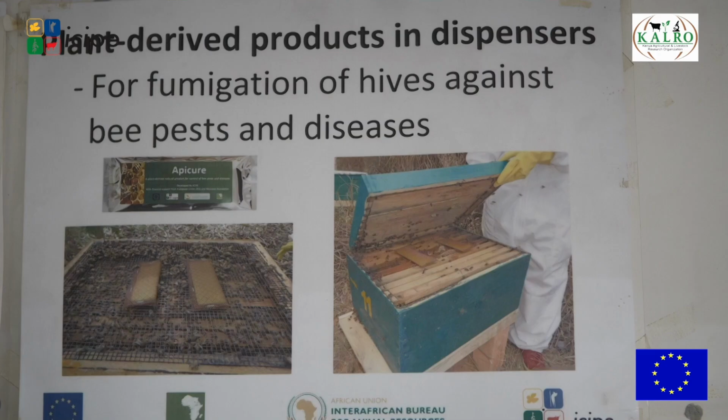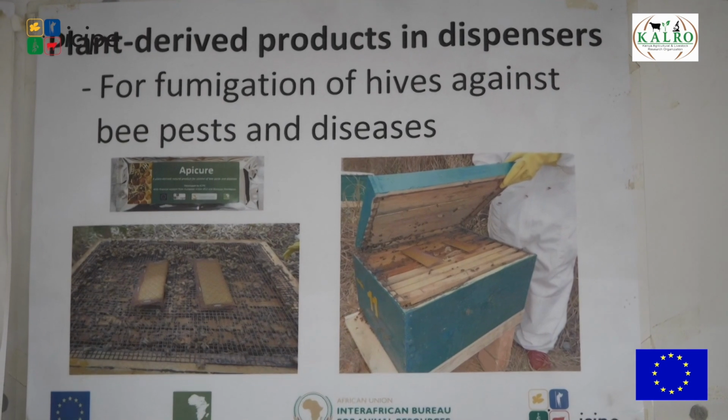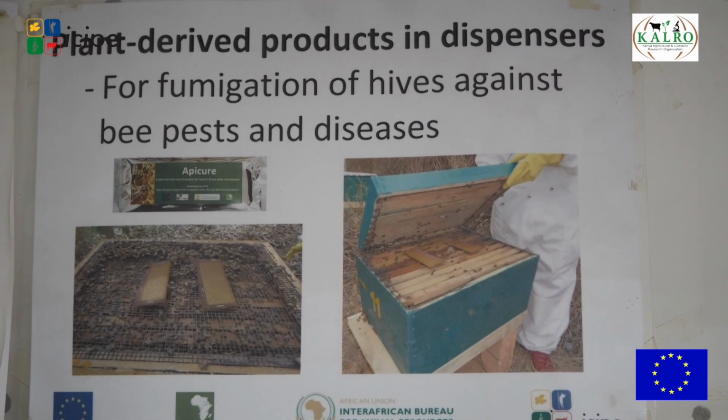In bioprospecting, we are involved in the discovery, development, and production of plant-based products for the control of bee pests and diseases. One of the interventions that we've been able to discover is a product that is able to tackle the Varroa mite, and this has been discovered from a traditionally used plant called Ocimum kilimandscharicum.